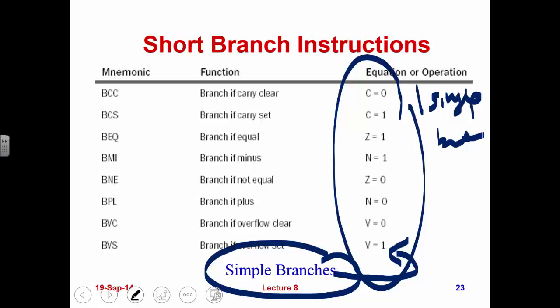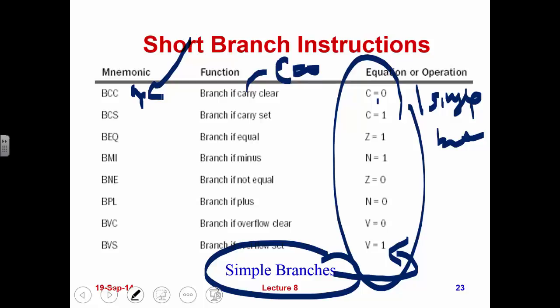If carry clear, the carry bit is C. If the carry bit is clear, that means C is equal to 0. So if C equals 0, we branch. Where we branch to depends on the operand. What's the operand? That's the offset you specify. The program specifies it. You can specify this offset as a numerical value, or you can specify it as a label, one label of other instructions of your program. If so, when branching, it will branch there to execute that instruction.